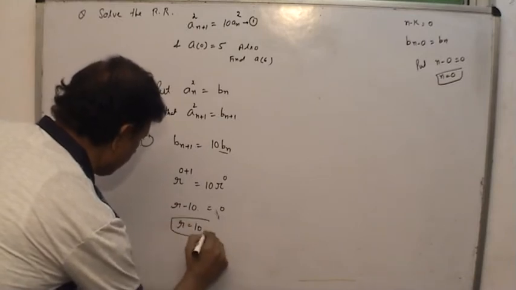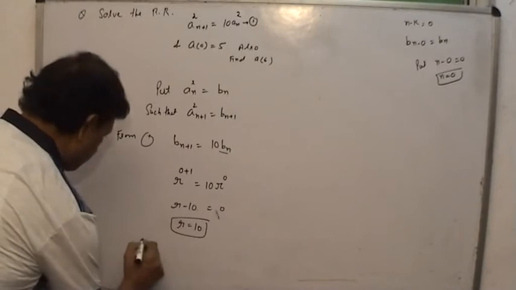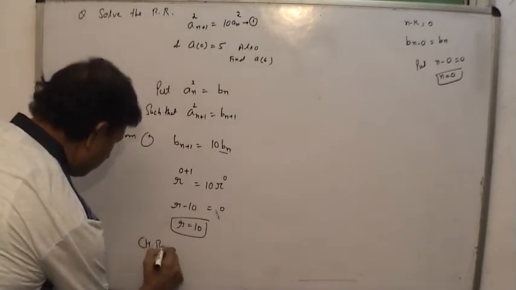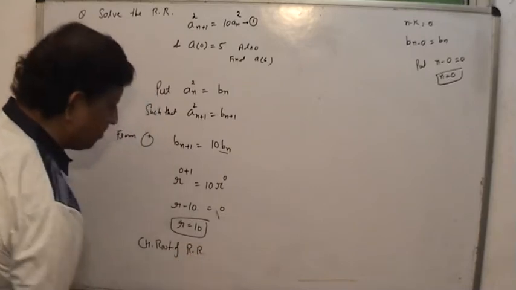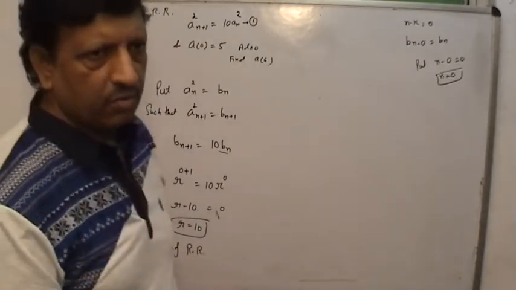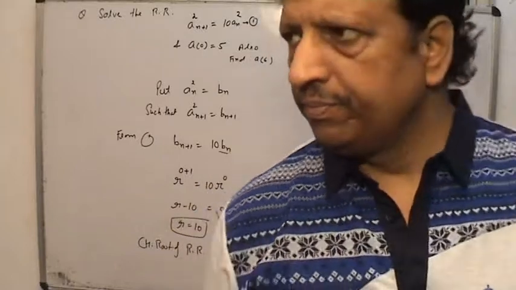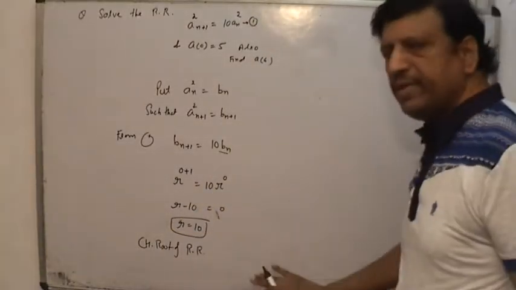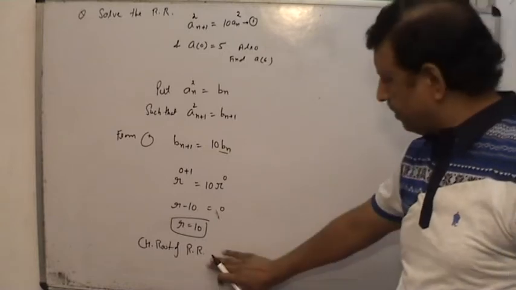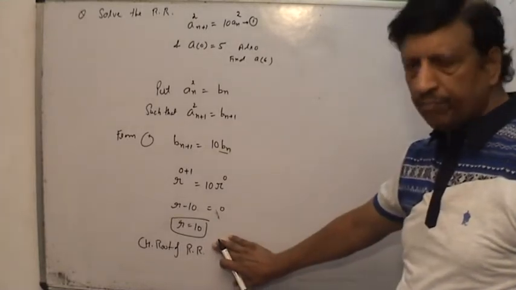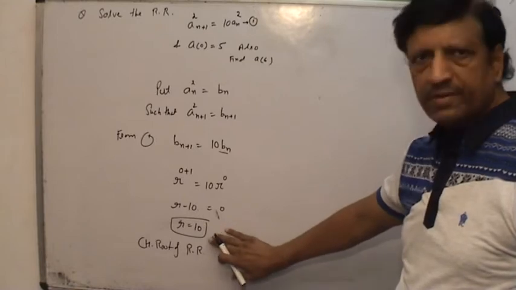R is equal to 10. We say it is the characteristic root of the recurrence relation, and it is only one root. Last time we discussed at least two roots, whether they were the same or different. Now here the root is single and it is 10.